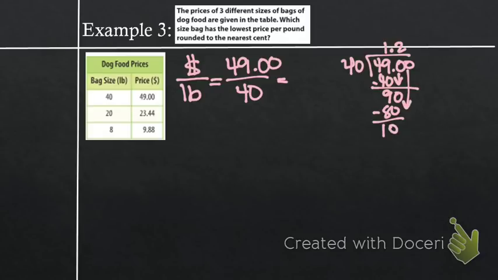Bring down our last one. 40 goes into 100 twice. We'll keep it at $1.22.